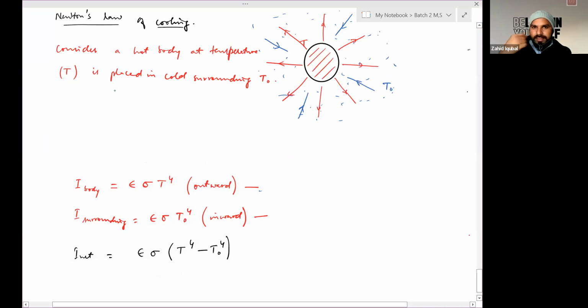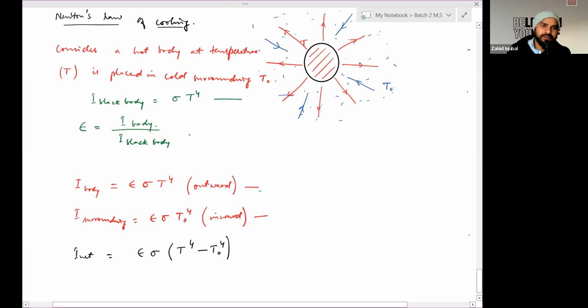In the above part, in the case of Stefan's law, I defined the emissive power intensity for a black body: it is sigma T to the power 4. According to Kirchhoff's law, emissivity is the ratio of the emissive power of an ordinary body to the emissive power of a black body.